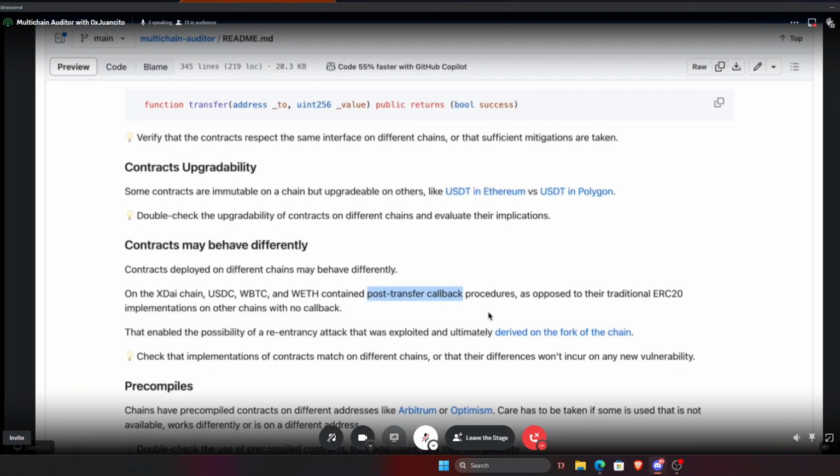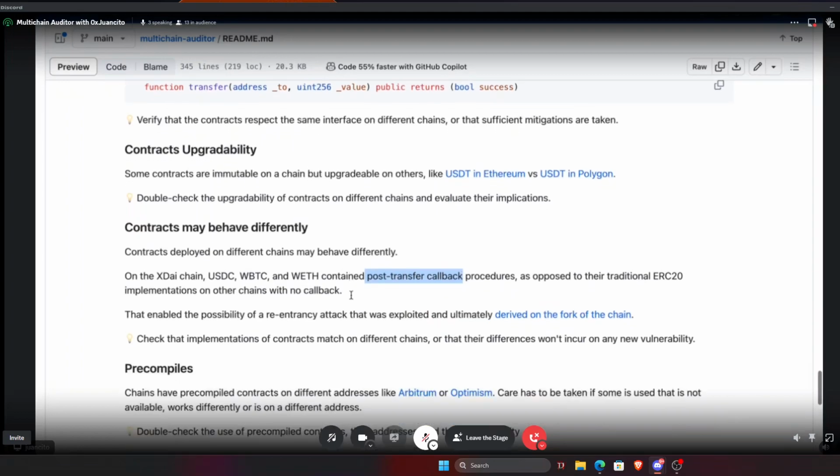This is the same as with NFTs, where you use safe transfer: whenever you transfer a token, there's a callback that's executed, and it can lead to reentrancy bugs. It also happens with specific ERC777 tokens that have a callback. But if you check on any other chain, USDC, wrapped Bitcoin, wrapped Ether, they don't have a callback.